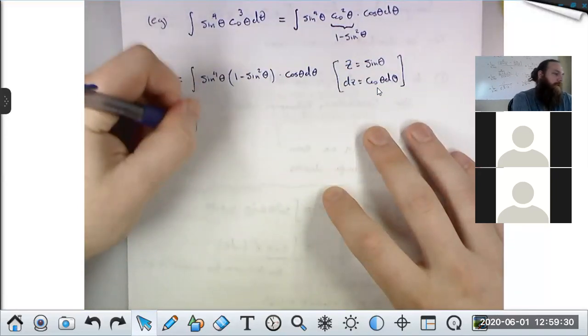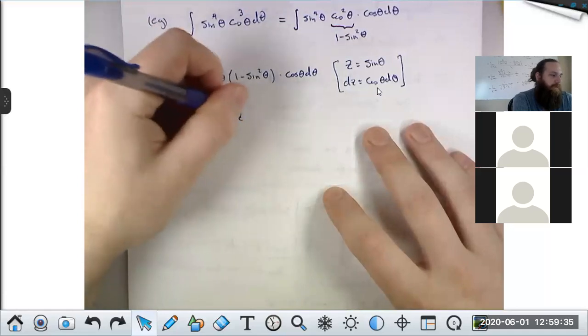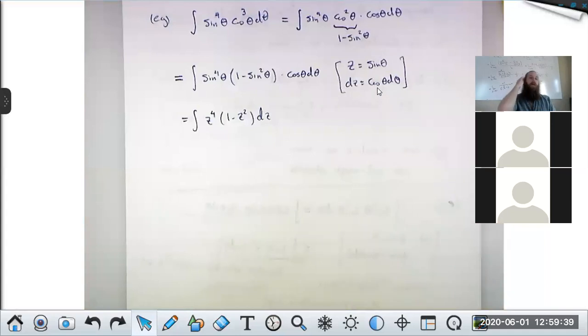And this becomes the integral of z to the 4 times 1 minus z squared dz. The nice thing is that these will always result in a polynomial. Polynomials are easy to integrate. So these are really fairly simple problems. Sine cosine integrals where at least one of the powers are odd are fairly simple problems that will always lead to the integral of a polynomial.